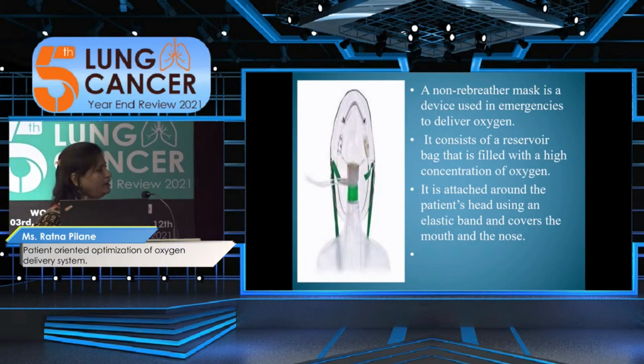And this is the non-rebreather mask. We are calling it the high concentration mask also. It is a device used in emergency to deliver oxygen. It delivers 95 to 100% oxygen. It consists of a reservoir bag that is filled with a high concentration of oxygen, and it is attached around the patient's head using an elastic band. This is an elastic band and it covers the mouth and the nose.